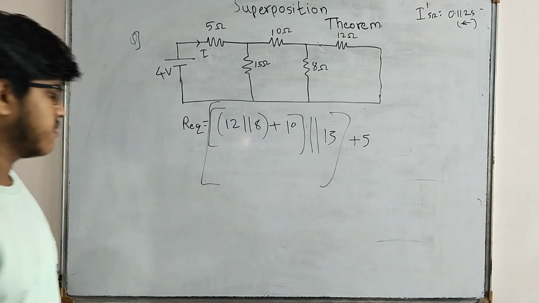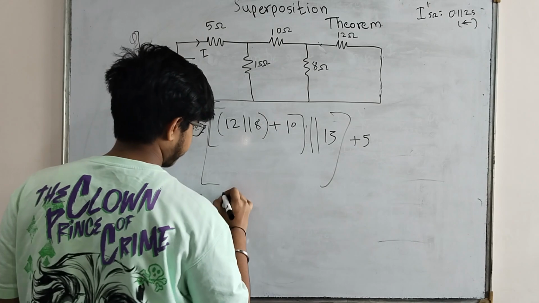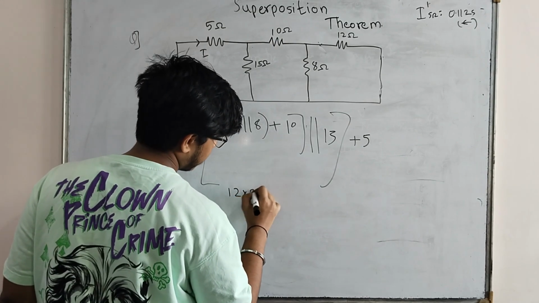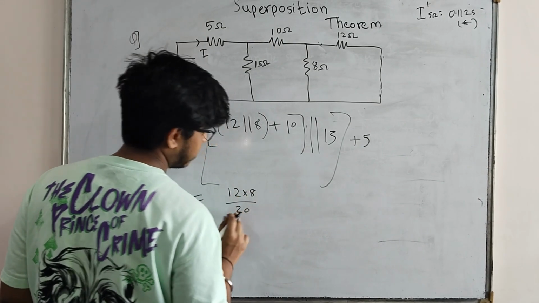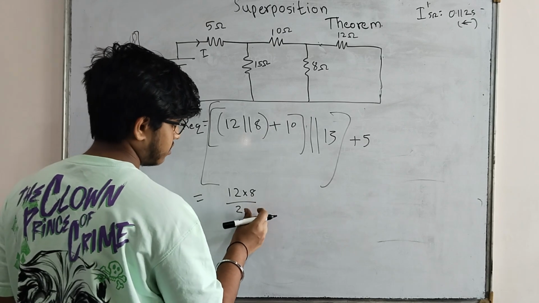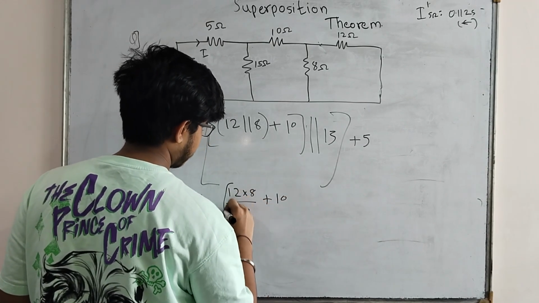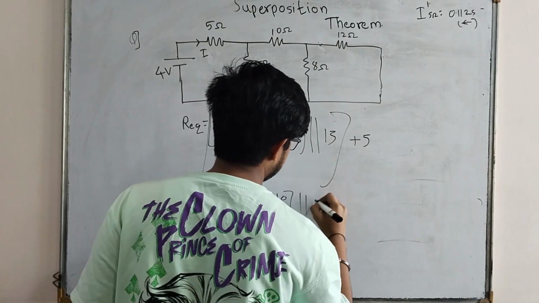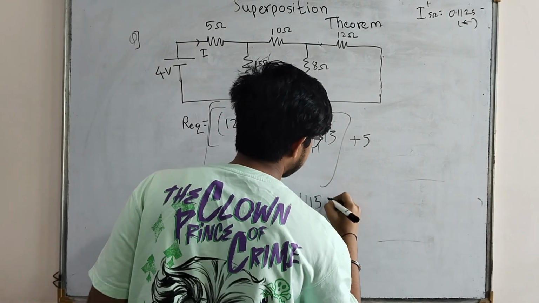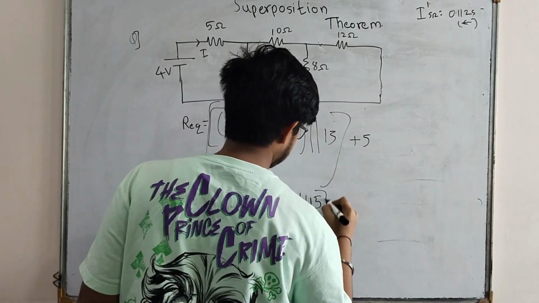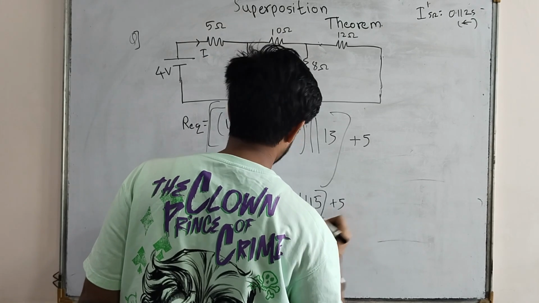Okay, so I will calculate it, which will be 12 into 8 divided by 20. 20 how? 12 plus 8 is 20, plus 10, which is parallel with 15, and this entire thing is in series with 5.